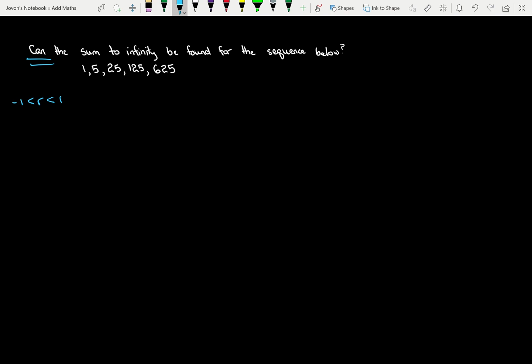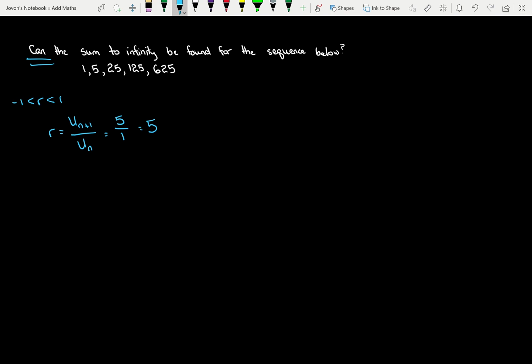So again, r is equal to u(n+1) all over u(n), which is equal to 5 over 1, okay, which is equal to 5, okay. Again, we could use 25 over 5, which is 5, 125 over 25, which is 5. So we know that the common ratio exists for all consecutive terms, and the common ratio is 5.